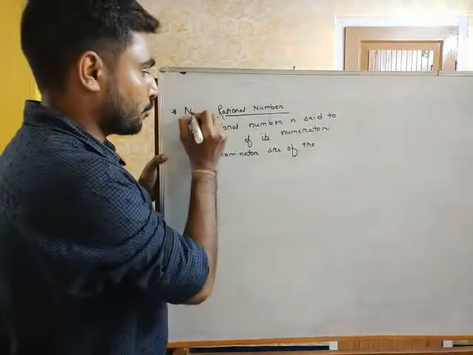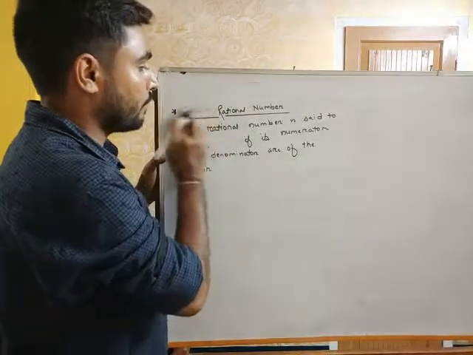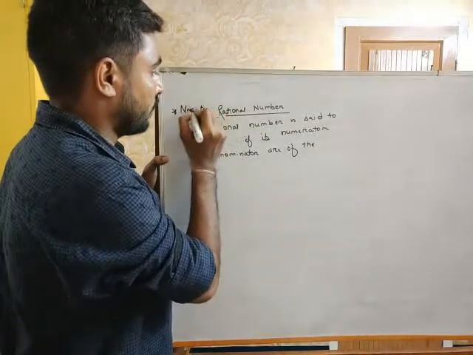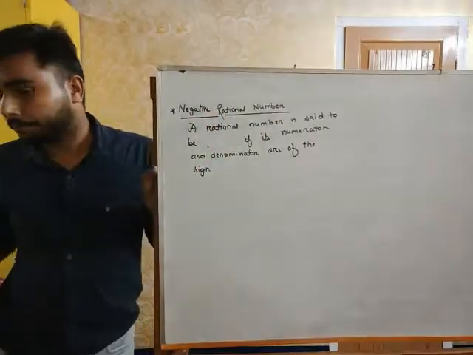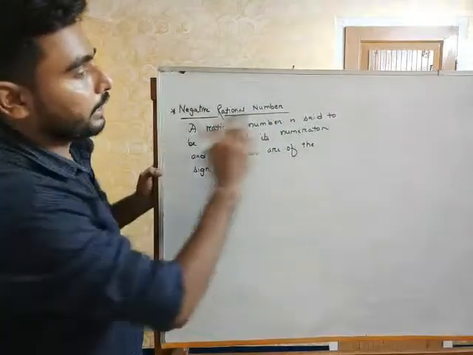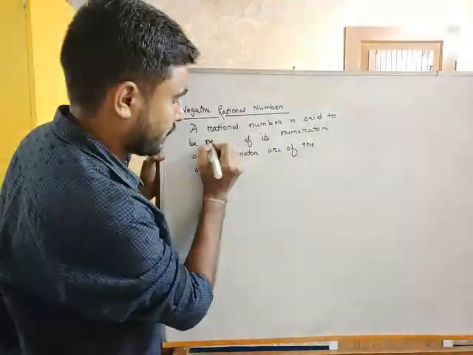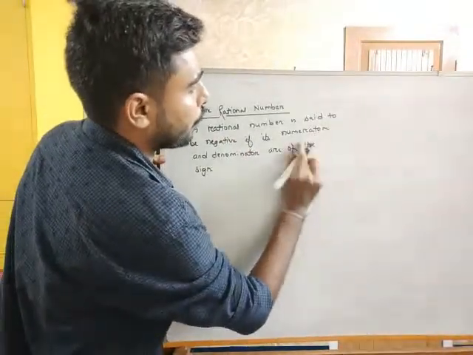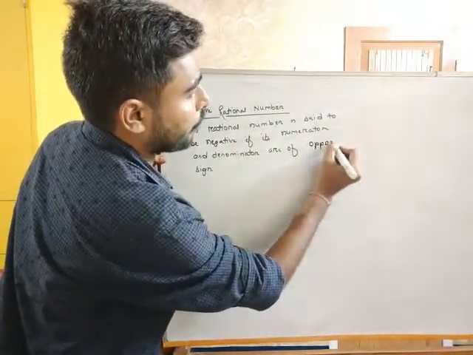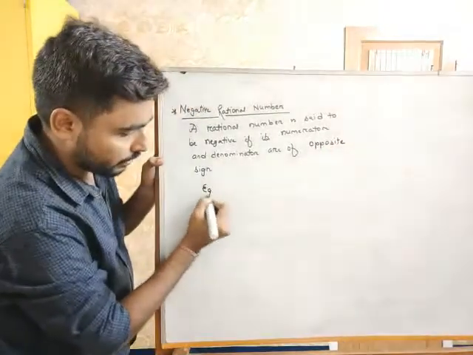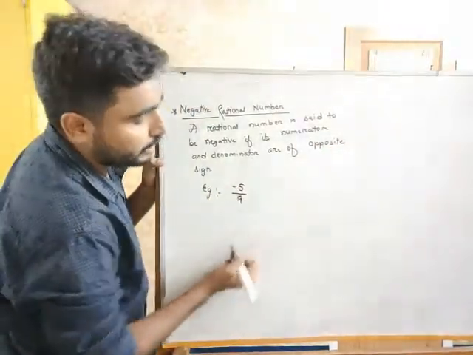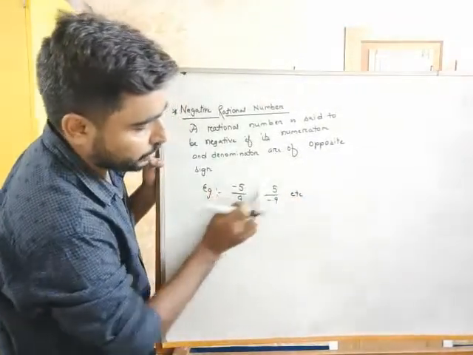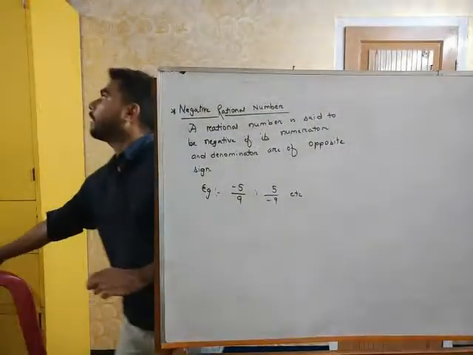So if it is negative, both numerator and denominator will have opposite sign. What does opposite sign mean? If one is negative, the other one is positive, 5 by minus 9, etc. Negative, positive, positive, negative, like this. Clear?